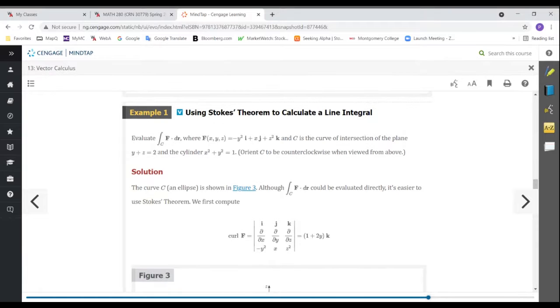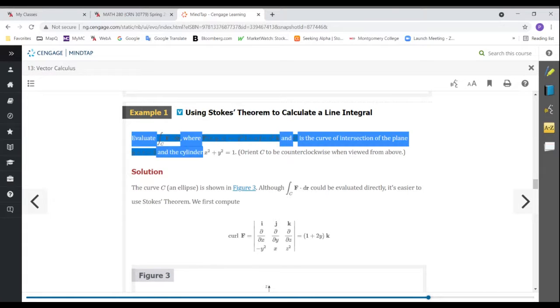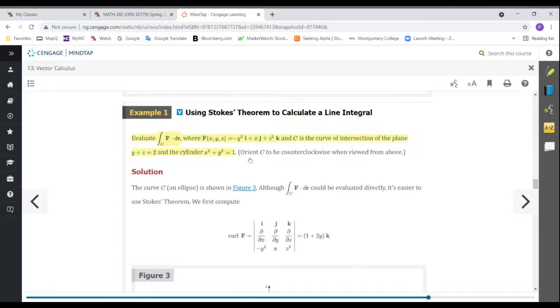This example here talks about using Stokes' theorem to compute a line integral. Let me show you how this works. Here's your vector field F, which equals negative y squared i plus x j plus z squared k.